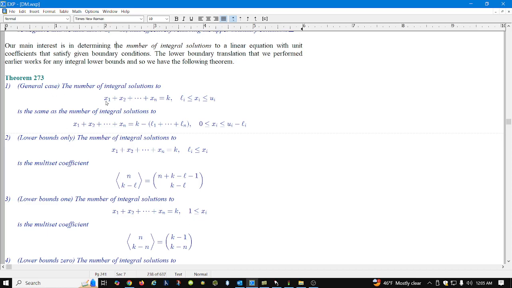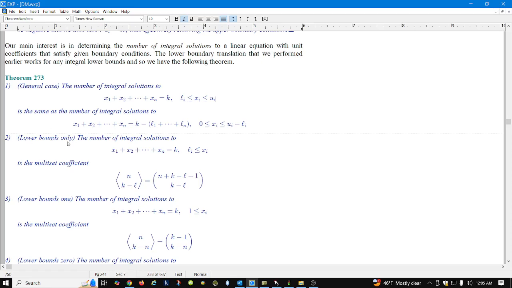In the general case of a linear equation with unit coefficients and general boundary conditions, the number of integral solutions is the same as the number of integral solutions to this equation, where I've again subtracted the sum of the lower limits. Okay. And that means the range of the variable has to be adjusted.